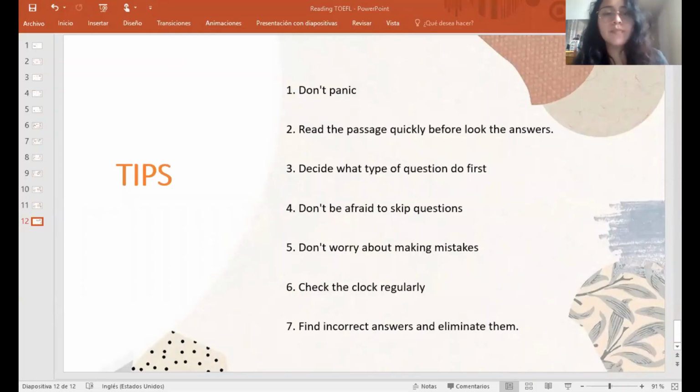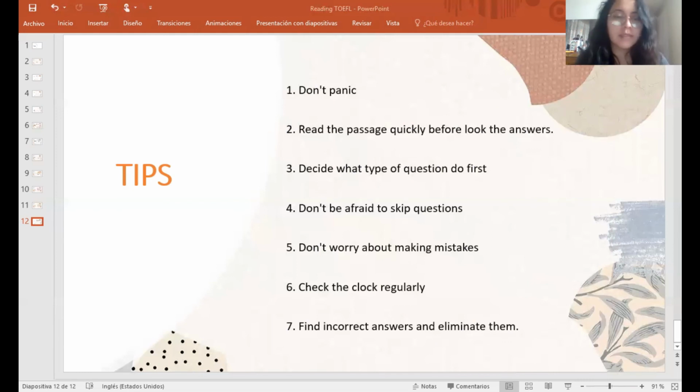Okay, some tips and strategies for improving specific TOEFL reading skills are: don't panic. This is the most important thing because we need to feel comfortable when we take the exam. Also, we have to read the passage quickly before you look at the answers.